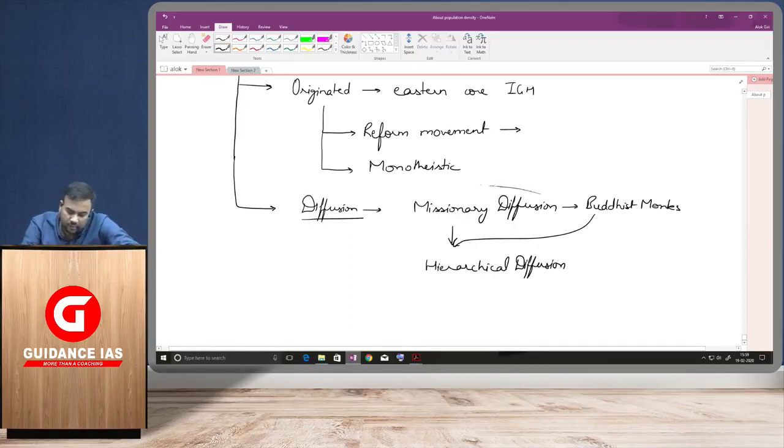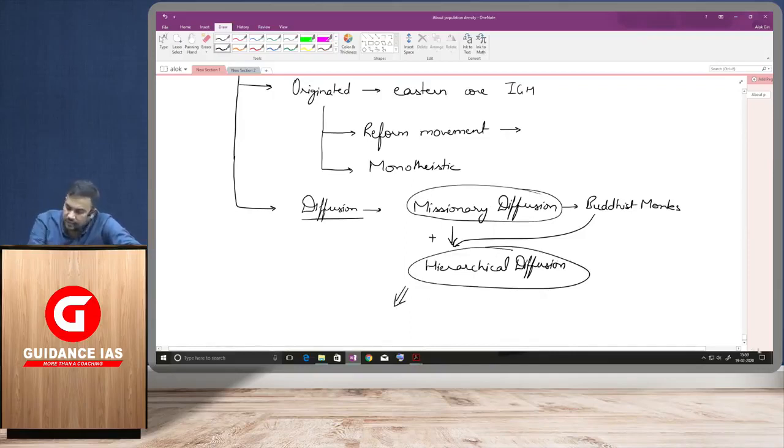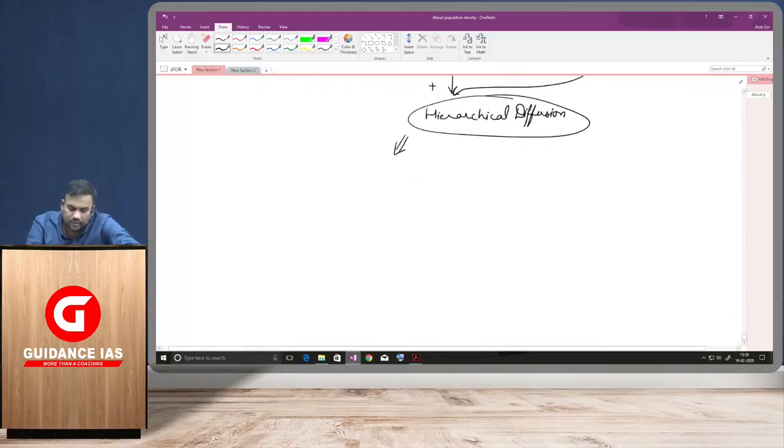So they combined both of them, missionary diffusion and hierarchical diffusion. As a result of this combination, the spread of Buddhism was very fast.